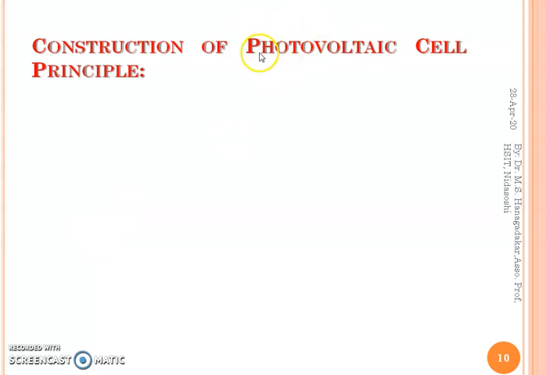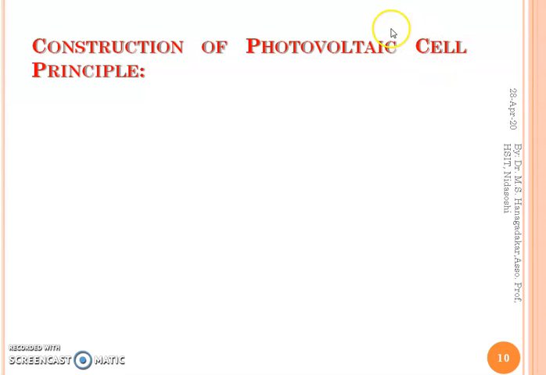As you know, photo is nothing but the Greek word for light, and the word volt comes from the name of a pioneer in the study of electricity, Alessandro Volta. For photovoltaic cell technology, in the year 1921, Albert Einstein was awarded the Nobel Prize in Physics.